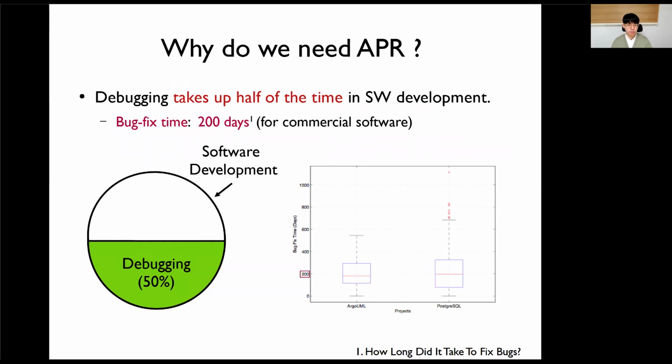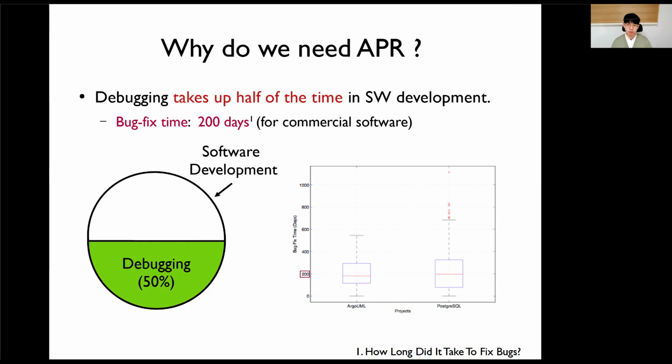In this box plot, the x-axis represents the commercial software names and the y-axis represents the bug fix times. And as you can see, the box plot also shows that about 50% of bugs in both commercial software are fixed within 10 or 100 days to 300 days.